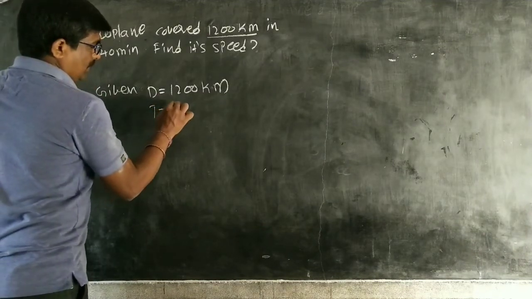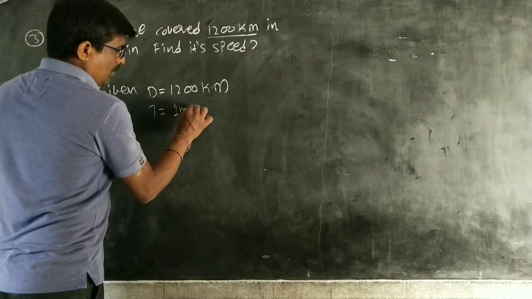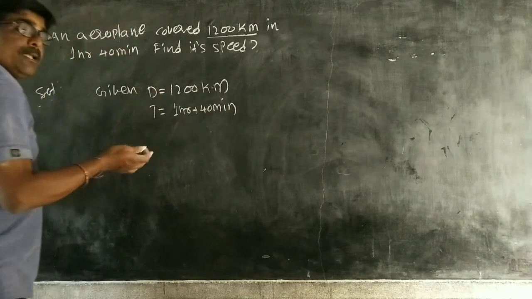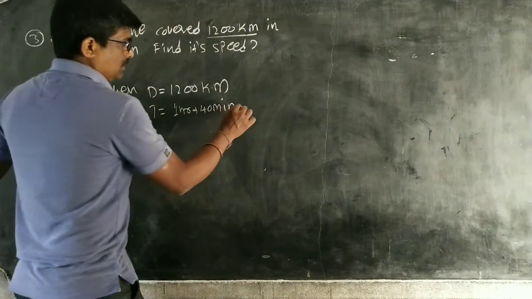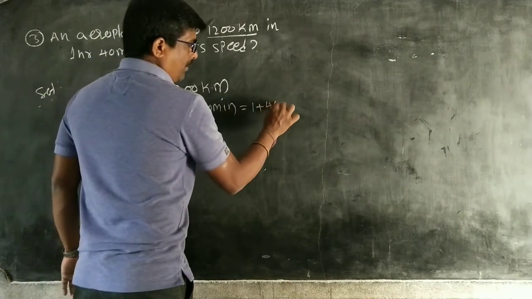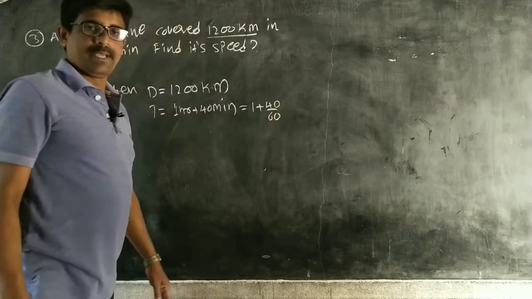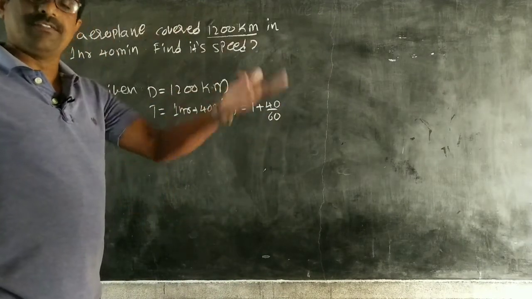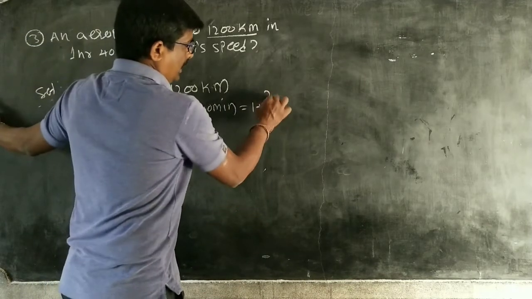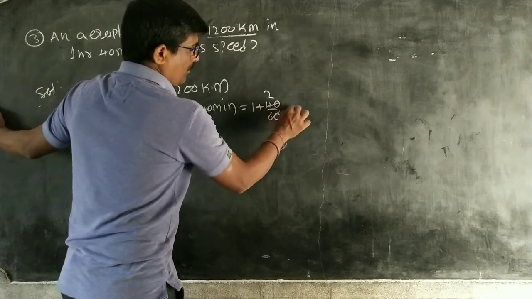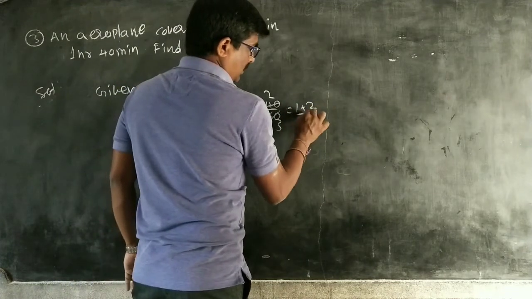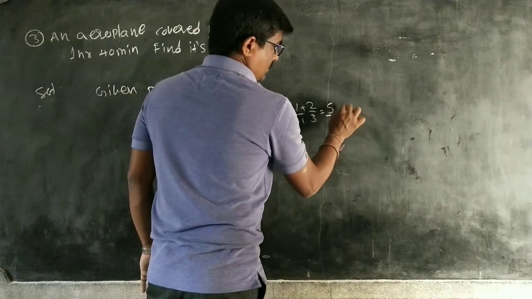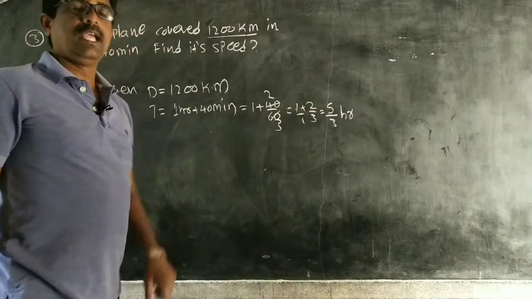So time t is equal to 1 hour 40 minutes. I am going to change these 40 minutes into hours. That is equal to 1 plus 40 by 60, which is 2 by 3. So 1 plus 2 by 3 is equal to 5 by 3 hours. So time is 5 by 3 hours.